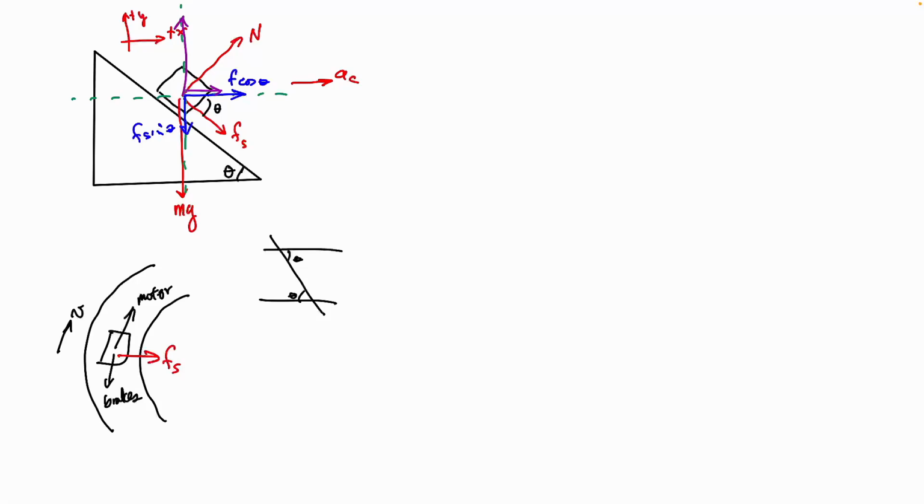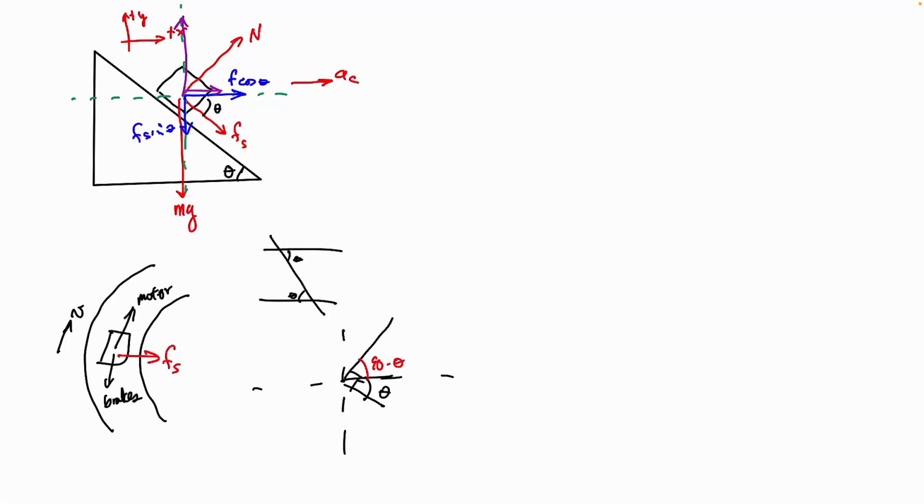Lucky for me, there's a little bit of geometry I can take advantage of here. I've got this coordinate system like this. I have an angle that's sitting right here that I know, right? And I've got two things that are at 90 degrees to each other. So what does the angle in here have to be? That has to be 90 minus theta.